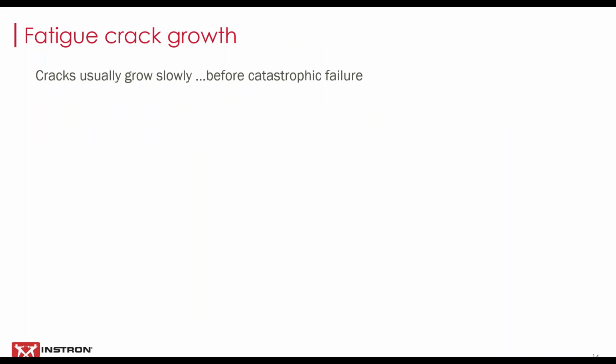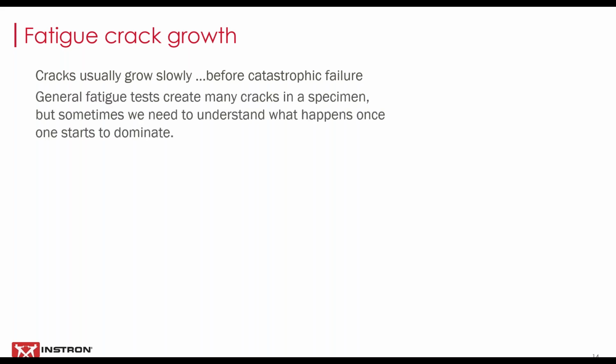I'm going to take a little diversion now and talk about fatigue crack growth, because before you get to this catastrophic failure point, cracks usually grow quite slowly in service. And if you work in fatigue, then in general fatigue tests, what's actually happening, though it may not be visible, is that your fatigue loading on a specimen creates lots and lots of micro cracks within the specimen as the test progresses.